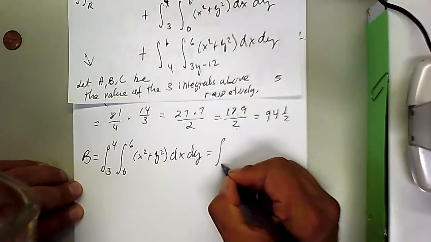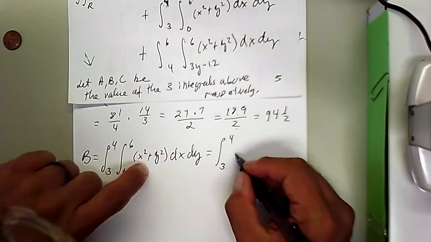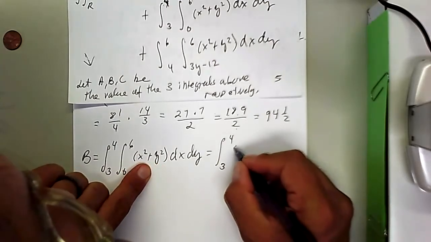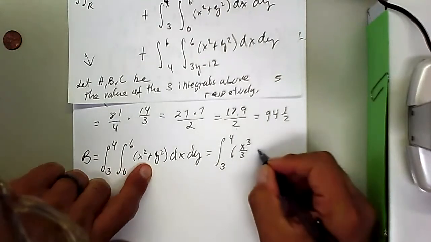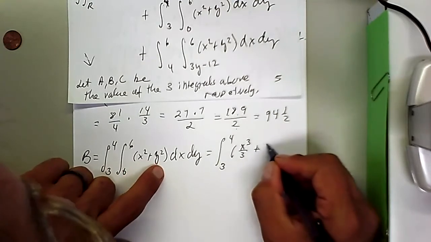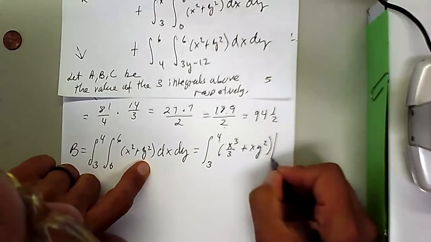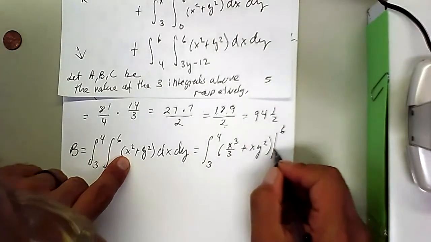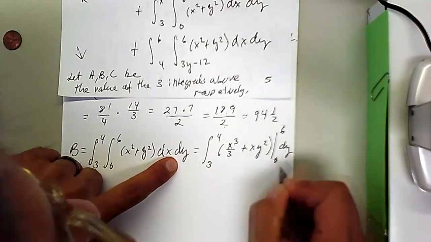So the outer integral from 3 to 4 is going to wait while we do the inner integral. The variable is x, so we have x cubed over 3 plus xy squared from 0 to 6. And then after we finish that, we're going to do the integral with respect to y.